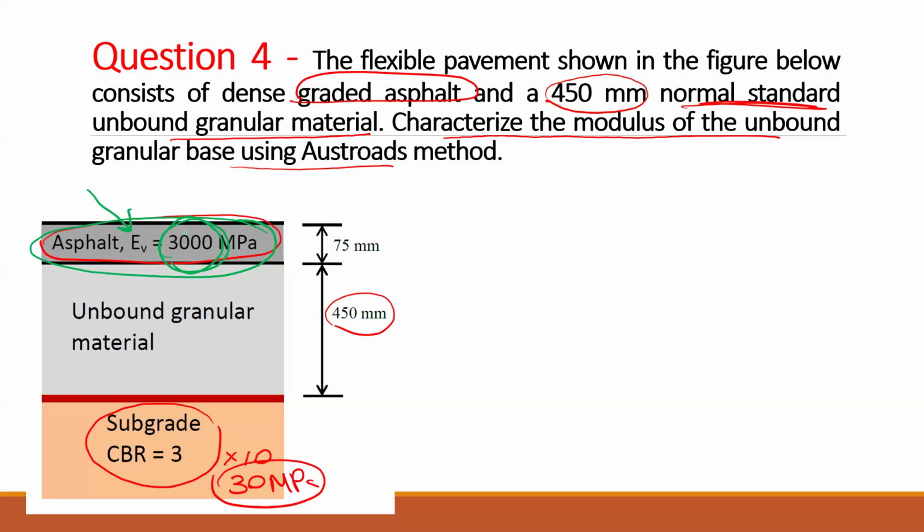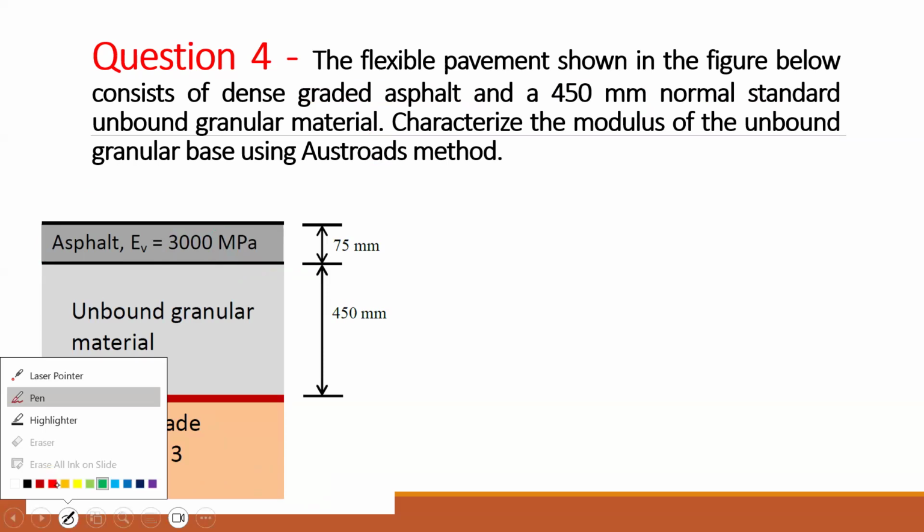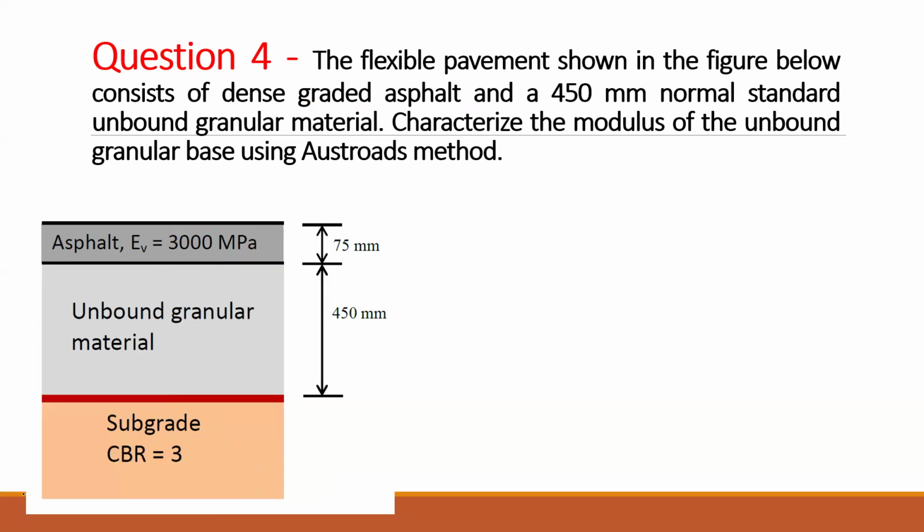So the Austroads method says we need to sublayer the unbound granular material if it is not on top of a cemented layer. In our case, we don't have a cemented layer underneath it. Am I right?